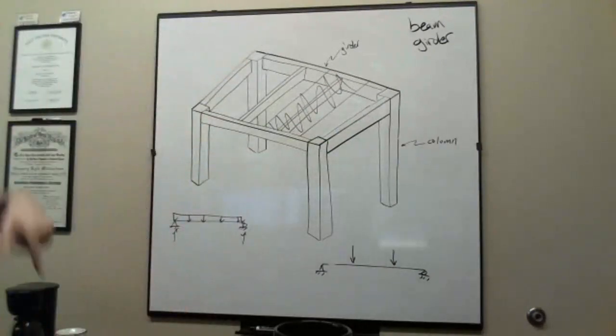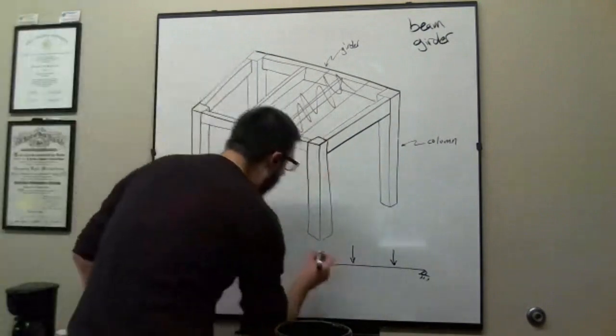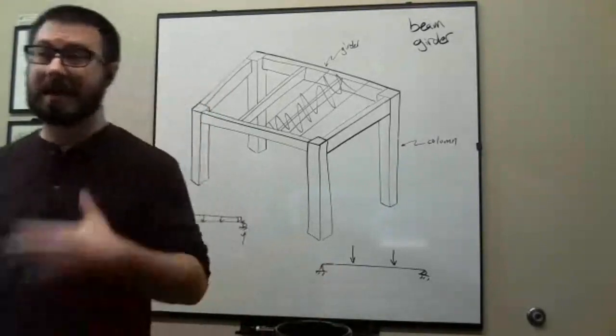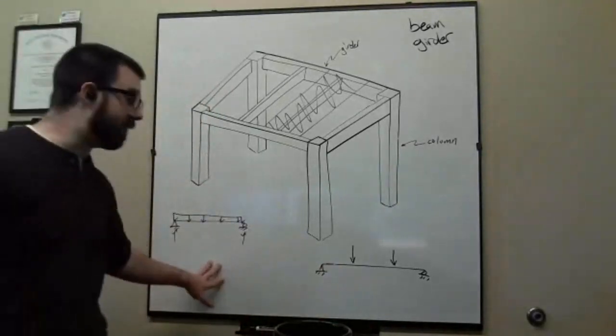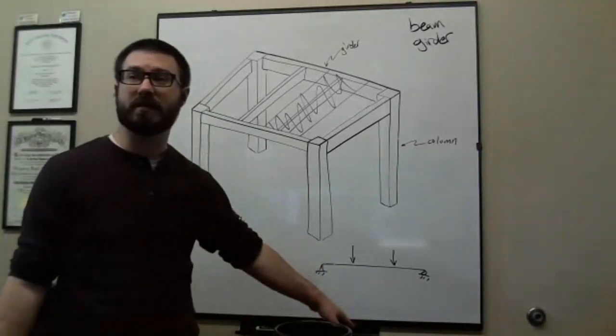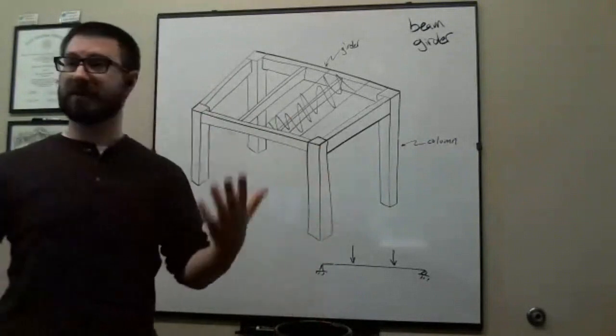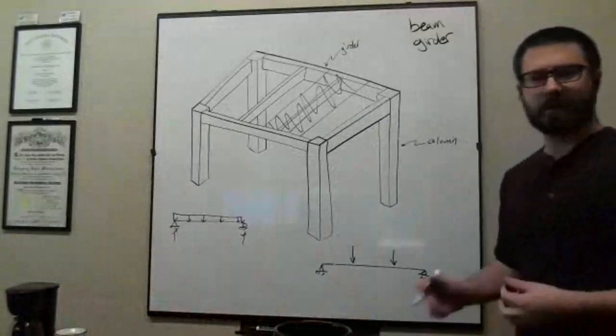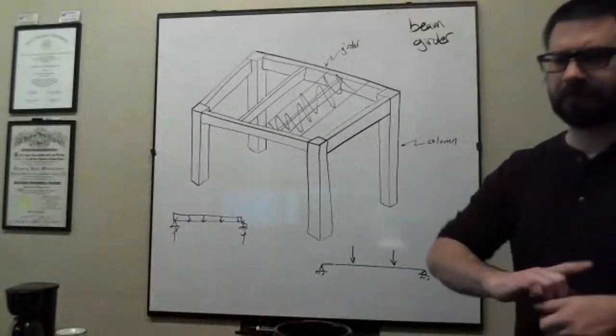So the girder wouldn't see them, but the column would, right? So there you go. So now I've got a model for the beam, and now I've got a model for the girder, and now I can take those problems, analyze them using the methods that we've discussed this semester, and now I've got moments, shears, and deflections, and what have you, that I can start to design based off of. Does that concept kind of make sense?